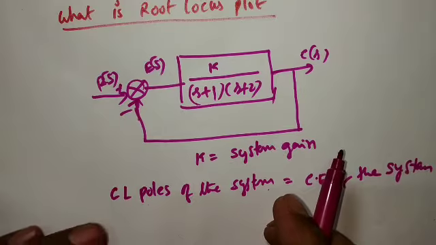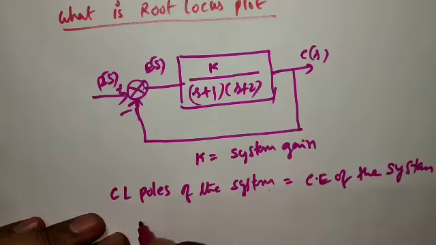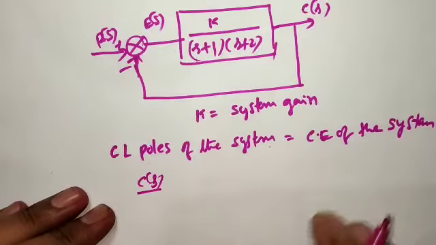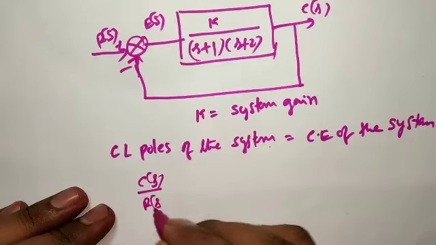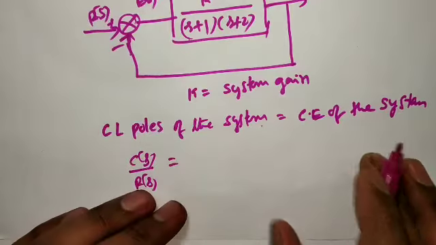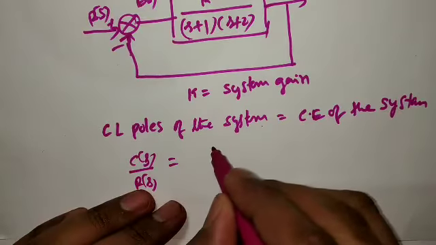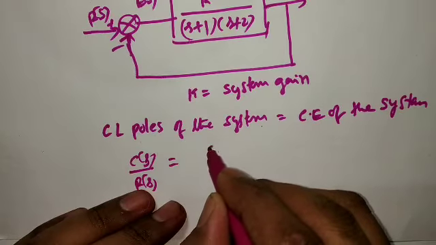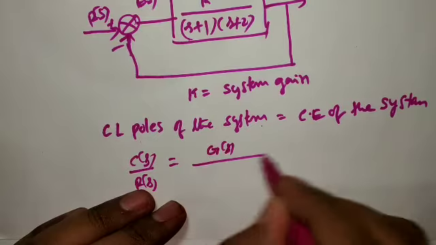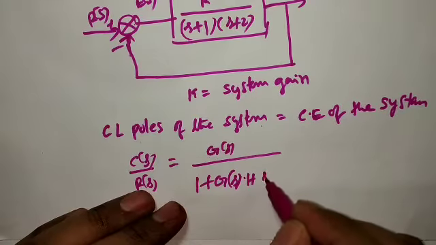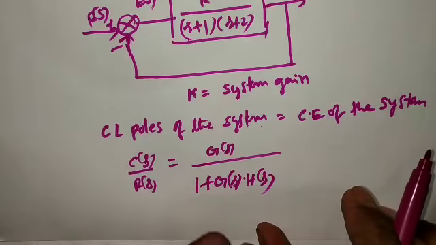So the transfer function C(s) by R(s) is equal to, you know the equation, G(s) by 1 plus G(s) into H(s).